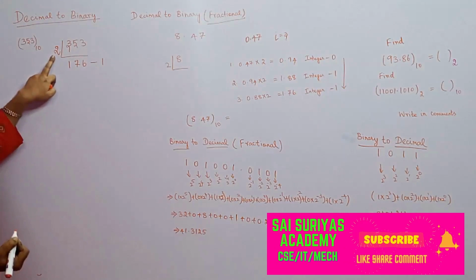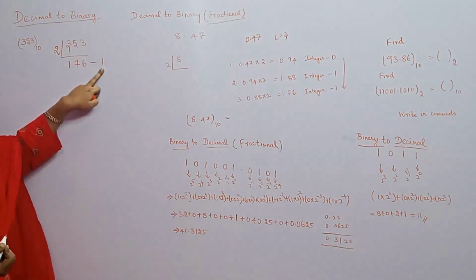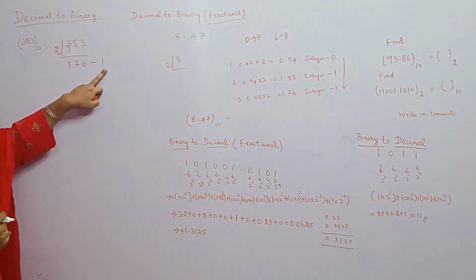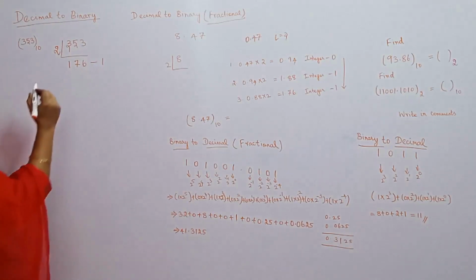Since it is divided by 2, its remainder will be either zeros or ones only. We cannot have more than that digit since it is divided by 2. Hope you can understand.